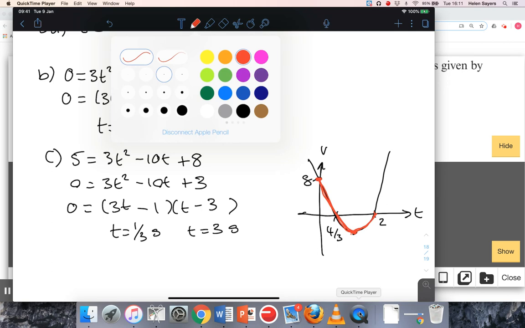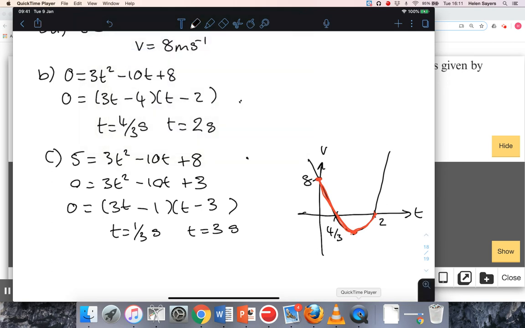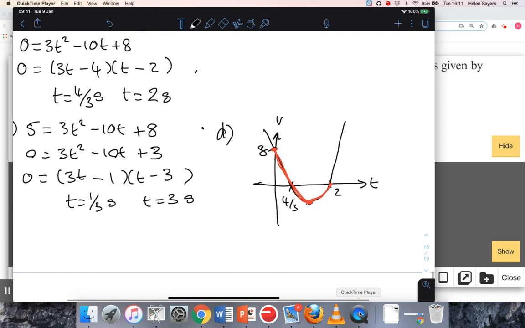You can either do that by differentiation or by completing the square, and you can put it straight into your calculator to help you complete the square. So v was, what was v? v was 3t squared minus 10t plus 8.